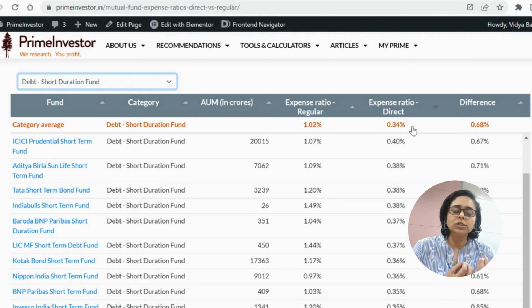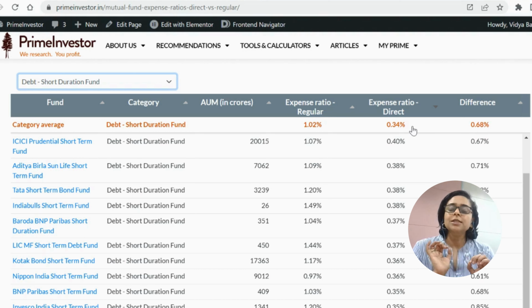Some bank giving you, say, 50 basis points more, 0.5% more is a big deal, right? It's the same with funds. Here we have a difference of 70 basis points. And since debt cannot give you high double-digit returns, the single-digit returns can be impacted even if a 20, 30 basis point difference arises because of cost.